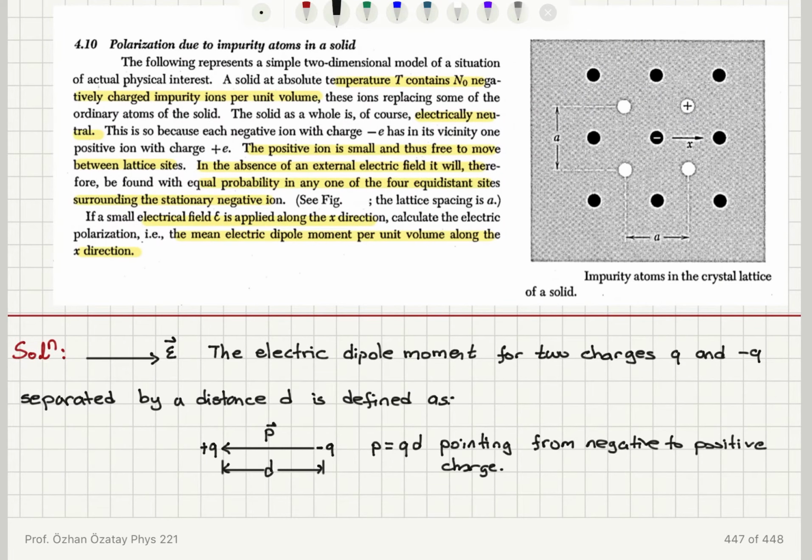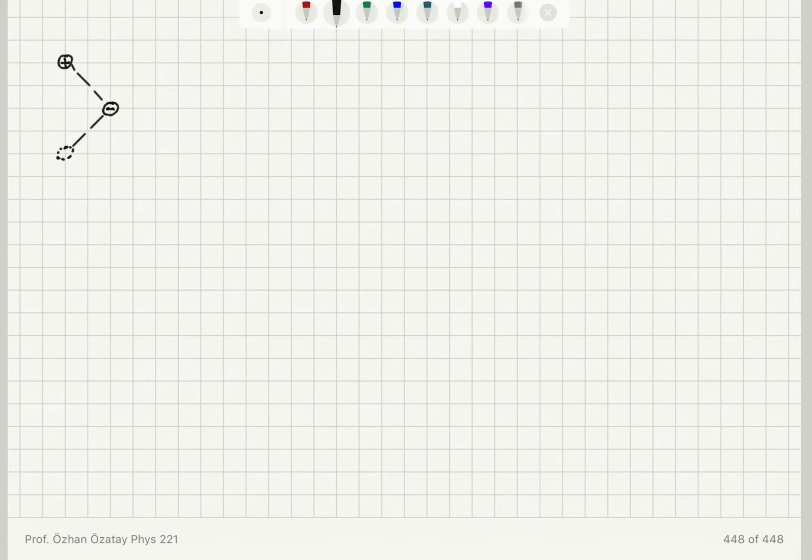And looking at the lattice here, the distance between two possible positive charge locations is a. That is the lattice constant a. So the distance between this site and this site is a.